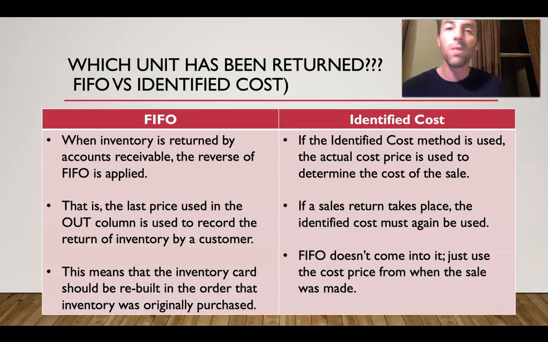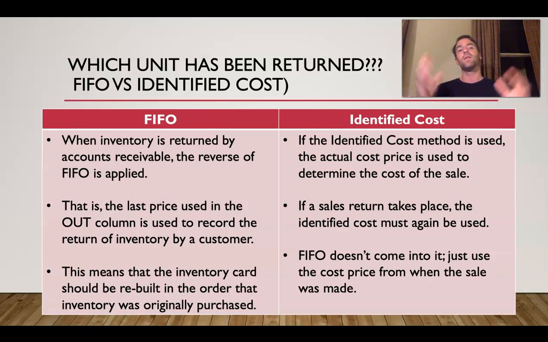The important bit to remember here is we're going to have to update our inventory cards as well, because inventory, we record the ins and the outs. Sales return means we have more inventory. We have inventory coming into our building because of this return. So what do we say is the cost price of that?